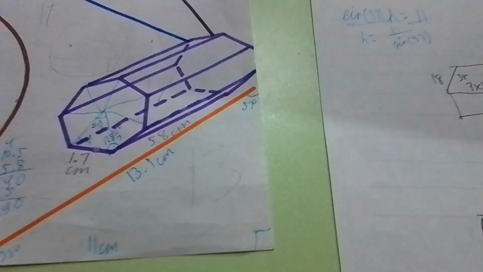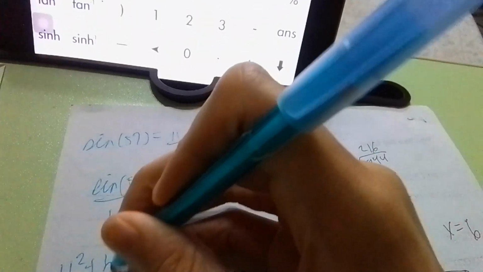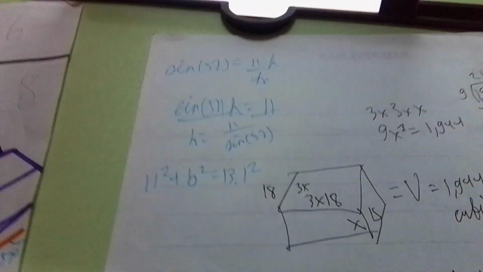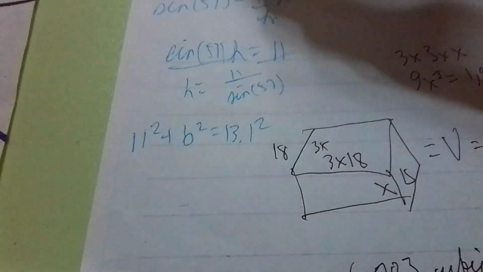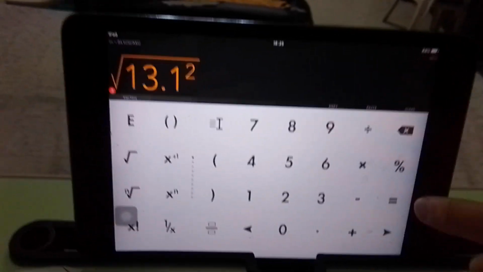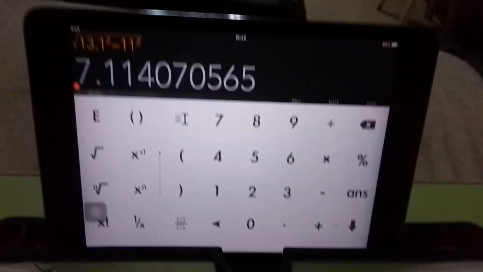Now we need to get the height. We can use the Pythagorean theorem to do that. Remember the formula: 11 squared plus b squared is equivalent to 13.1 squared. We can subtract the squares, so it's the square root of 13.1 squared minus 11 squared. What did we get?